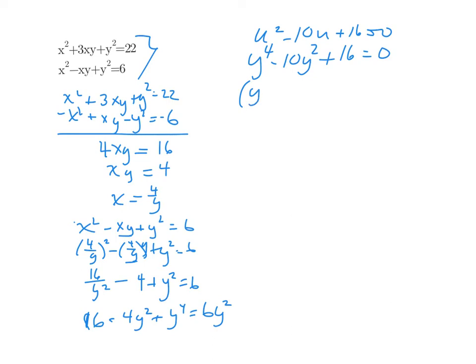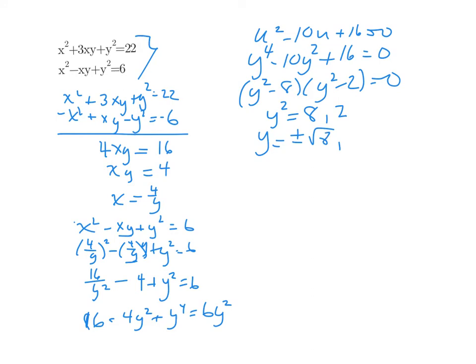Anyway, it factors as (y squared minus 8) times (y squared minus 2). So using the factoring method, we can solve for y squared, and we get y squared is equal to 8 or positive 2, which would give y equals plus or minus the square root of 8 and y equals plus or minus the square root of 2, or plus or minus 2 square roots of 2 and plus or minus the square root of 2.